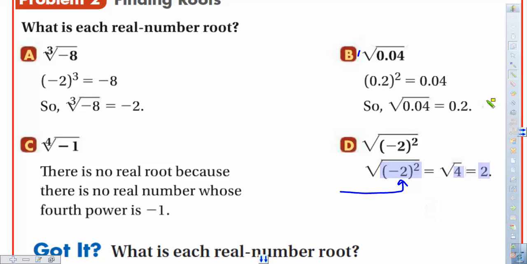Does it make sense why it would be incorrect to say that our answer is -2? It's because of order of operations. They gave us an operation to do. There's a radical, and there's an exponent underneath that radical. Since there is an exponent here, we are expected to figure that out first before we take that radical. Very key understanding that we make sure we catch.